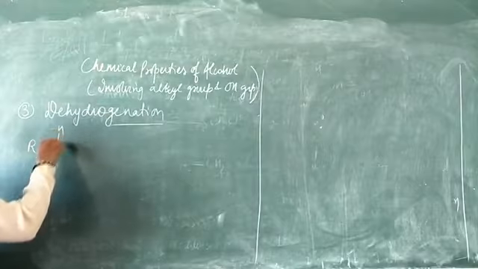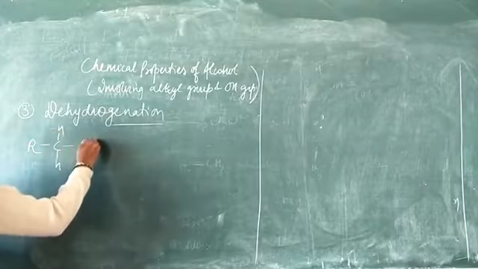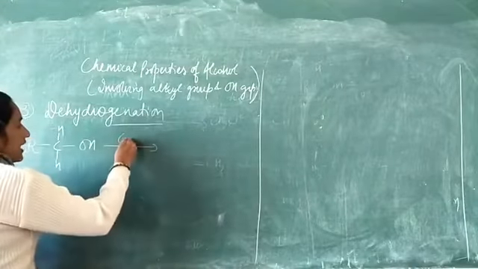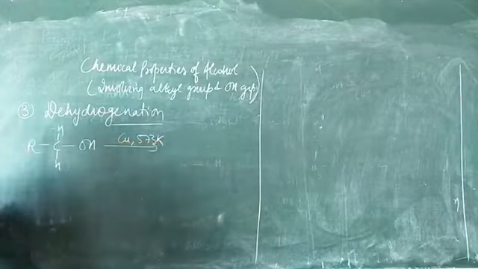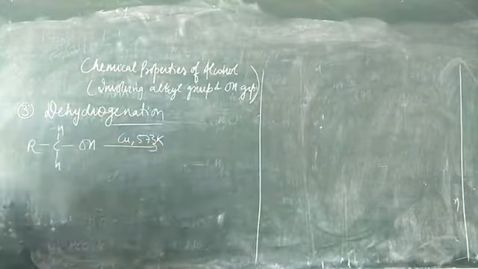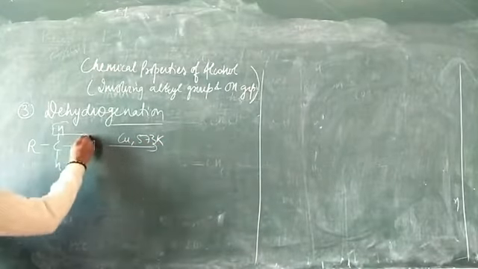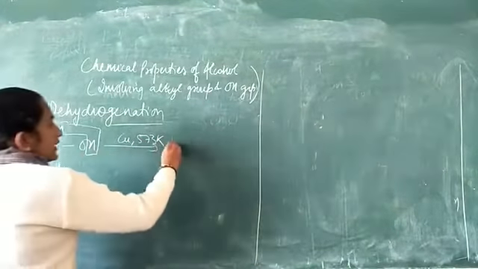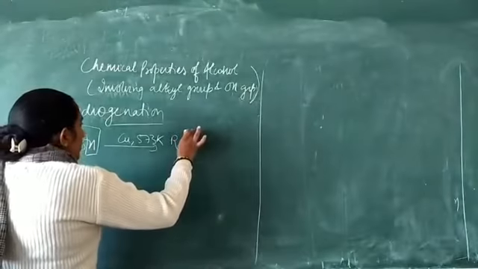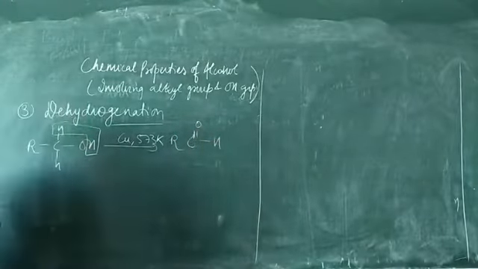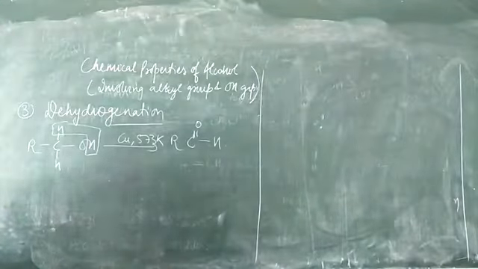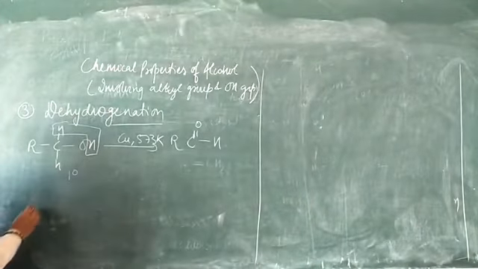So here is RCH2OH, reaction at 573 Kelvin temperature in presence of copper. Here the removal of hydrogen will take place and we will obtain RCHO, an aldehyde. Right? This is for the primary alcohol.